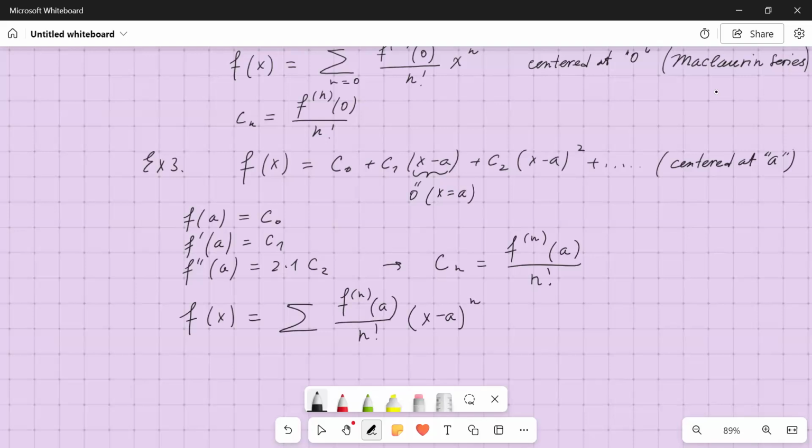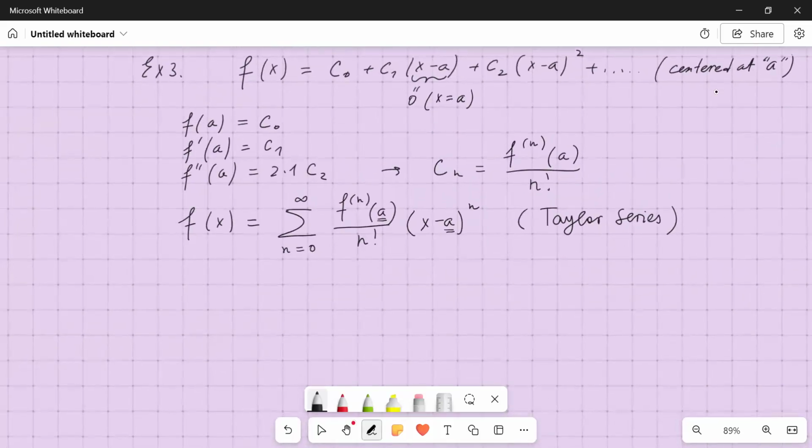So this series is centered at a. Whatever number is here, that's going to be the center of the series. These series are called Taylor series. And of course, you can set a equal to 0 in the Taylor series, and they are going to become Taylor series centered at 0. But mathematicians separately name them Maclaurin series.